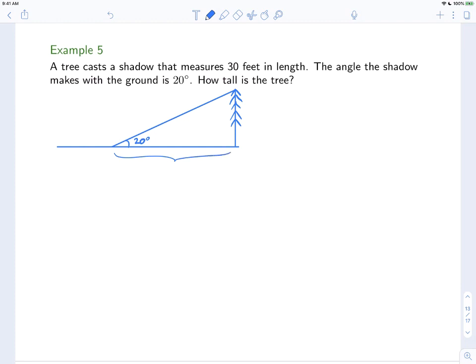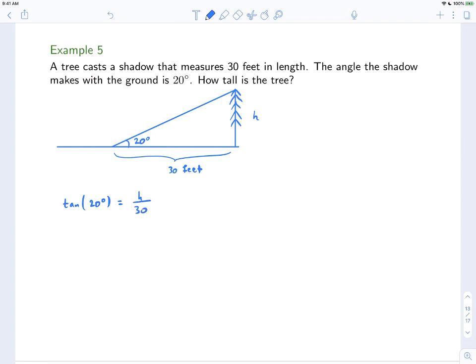The length of the shadow, we're told, is 30 feet. So our goal is to figure out what the height of the tree is. Let's call it h. We know the side adjacent to this angle, and we want to know the opposite side, so we use tangent. Tangent of 20 degrees is equal to the opposite over the adjacent.